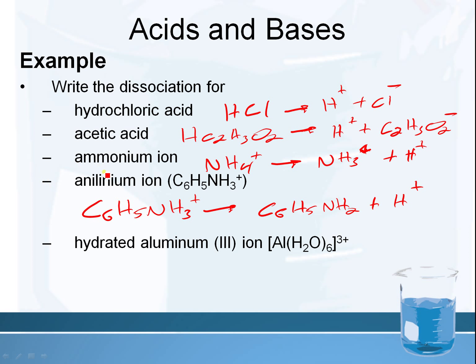If you notice here, the 3 becomes 2 and the hydrogen breaks off. So it's similar to the ammonium ion. Again, this will be an exception to the Arrhenius acid and base.